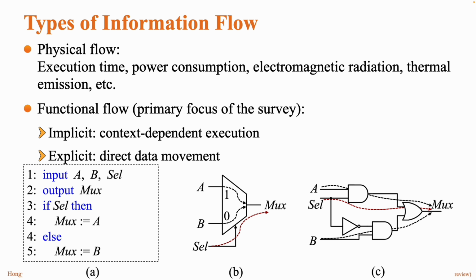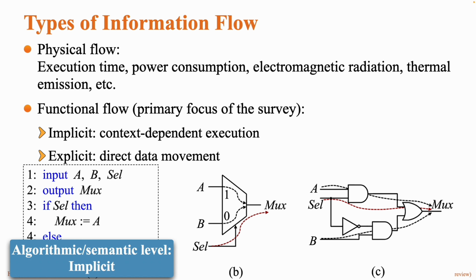And also we have explicit flow, the so-called data flow, where we can just look at the schematic and see, okay, because the information is propagating towards the output, there is definitely information flow between the 2 objects. B is at the gate level. A is at the RTL level, and C is at the gate level.